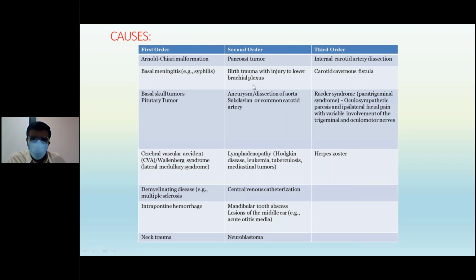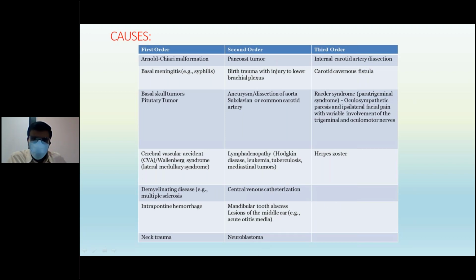Second order: Pancoast tumor, birth trauma with injury to the lower brachial plexus, aneurysm or dissection of the aorta, subclavian or common carotid artery, lymphadenopathy due to Hodgkin's disease, leukemia, tuberculosis, and mediastinal tumors, central venous catheterization, mandibular tooth abscess, neuroblastoma.